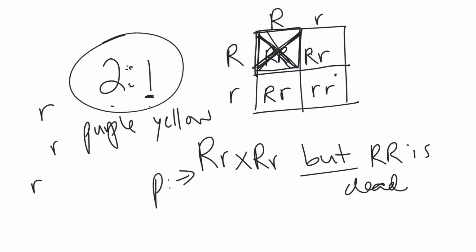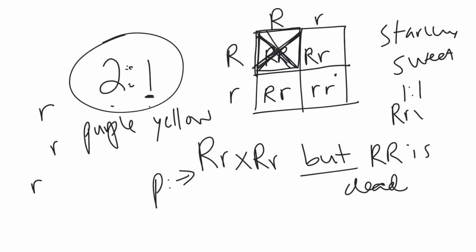Let's say you got that, and then you did your starchy sweet, and you added up your numbers, and it turned out to be a 1 to 1 ratio that you saw. Well, now you know that means it's a test cross. So if it's a test cross, that means a homozygous recessive with the S's, crossed with a heterozygote. So then what would you do?